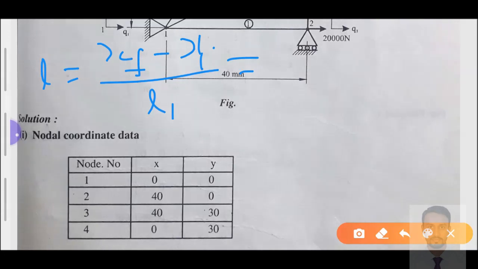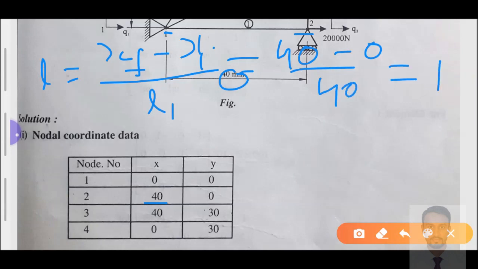For element number 1, it starts from node number 1 and ends at node number 2. The final value is 40 minus 0, and the length of this element is 40, so that equals 1. The direction cosine for element number 1, L, equals 1.